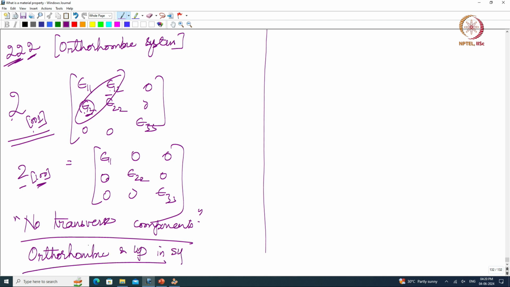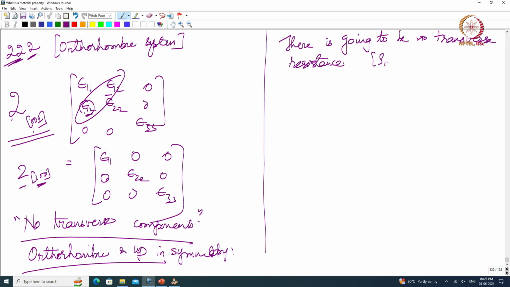in symmetry there is going to be no transverse resistance, which is the rho 1 2s, rho 2 3s, etc., right, or rho 1 3, right, that comes by virtue of less symmetry.